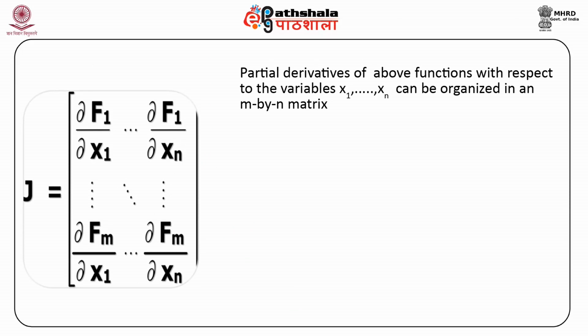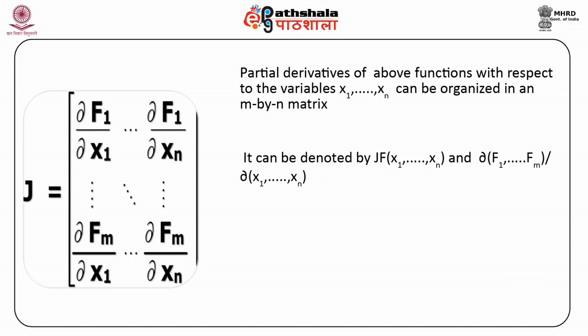The partial derivatives of all these functions with respect to the variables x1 going till xn, if they exist, can be organized in an m by n matrix, the Jacobian matrix J of f, where J consists of rows running from the first derivative of f with respect to x1 going till xn, and columns where the first derivative of f1 with respect to x1 is taken till fm.